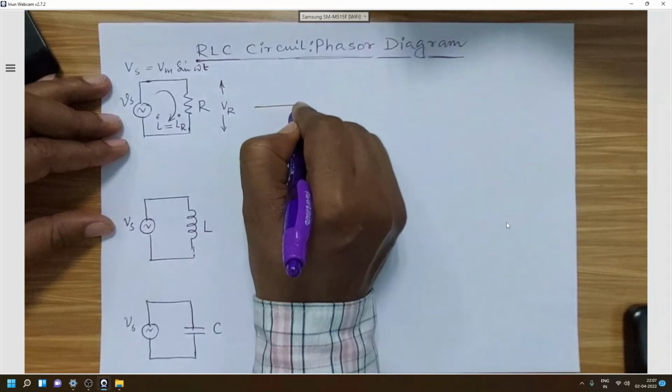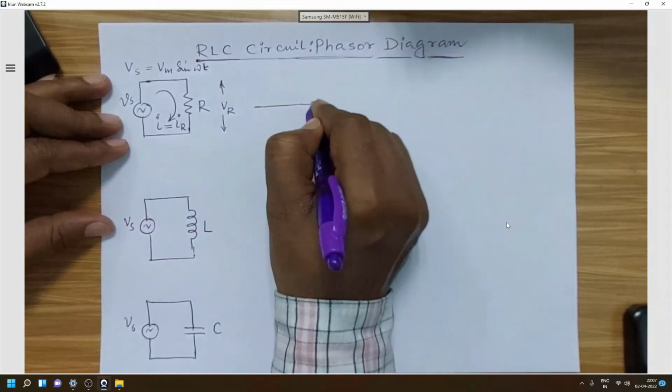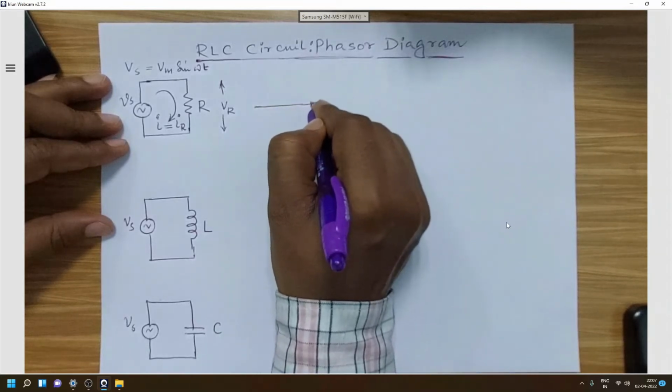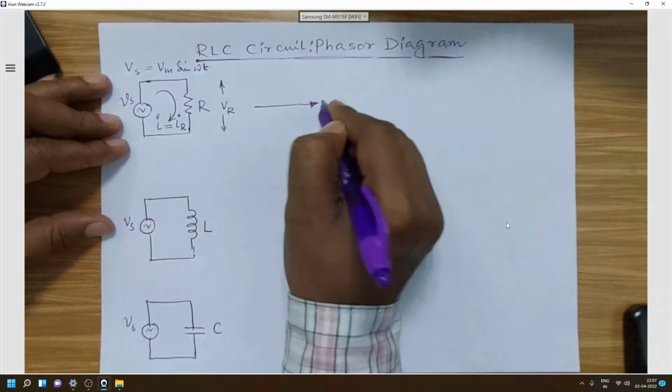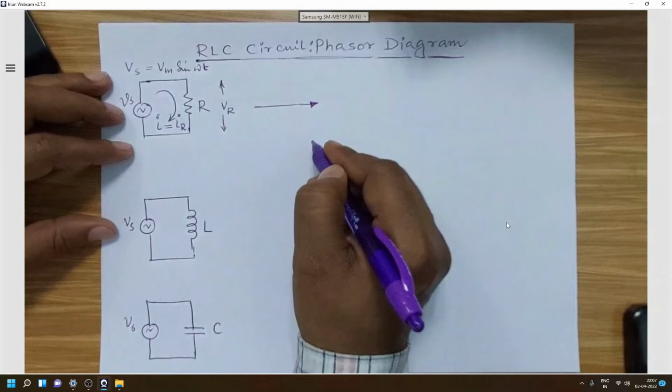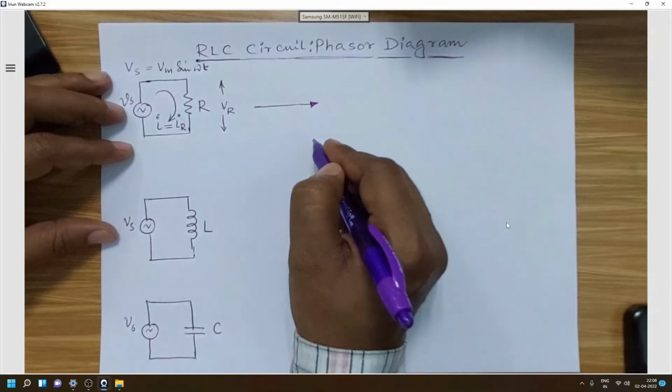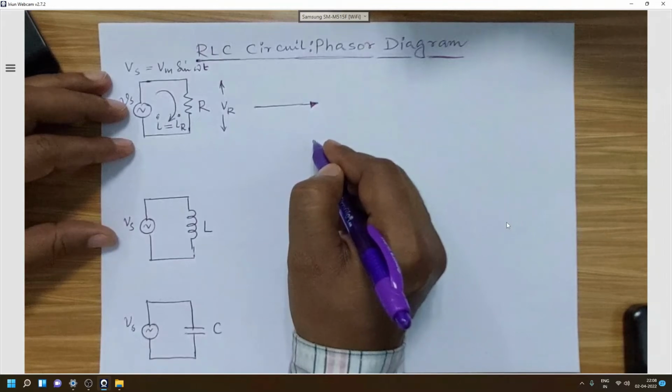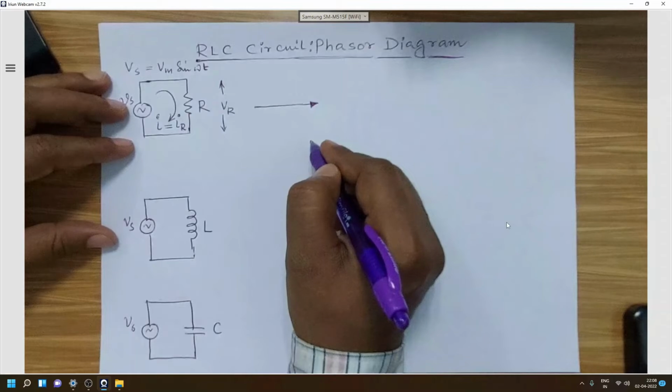So let us consider the reference phasor is our current, and if we are going to draw the phasor diagram for any series circuit, it is good to take the current phasor as a reference, because in series circuit current remains the same through all the elements.